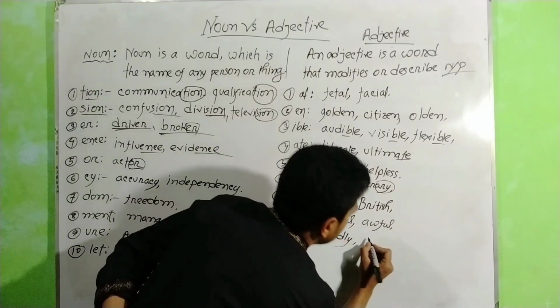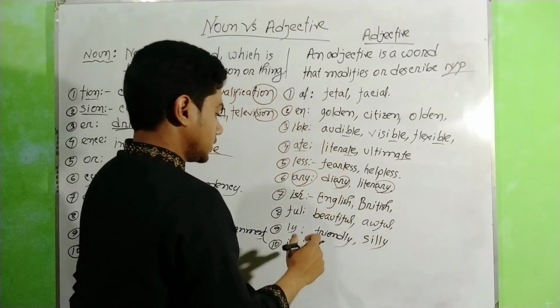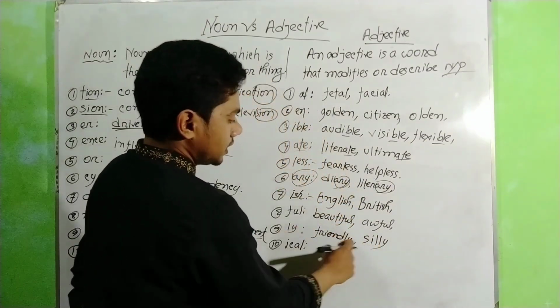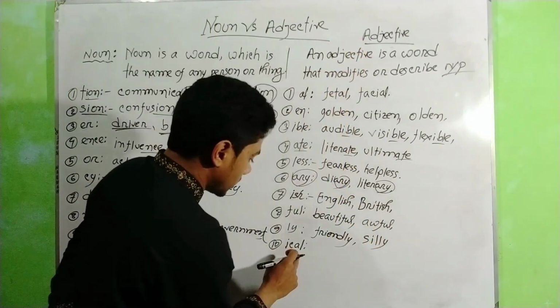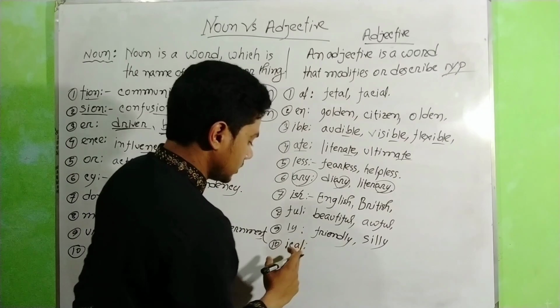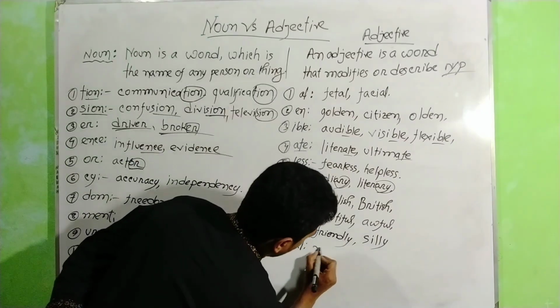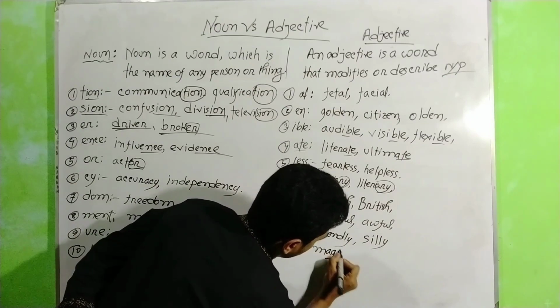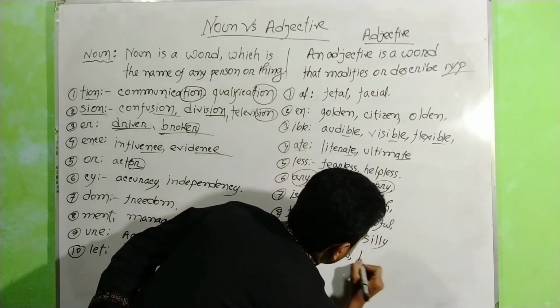Also, you can say silly. So if you see any word that ends with ly, you're sure that that word is an adjective. Look at the last example, ical. Think of some adjective that ends with ical. It's going to be magical. So you can say lyrical.